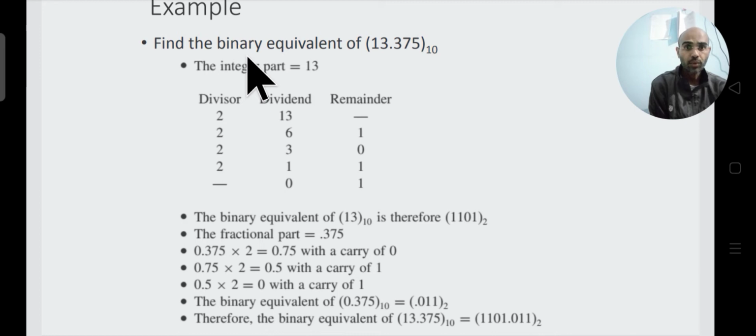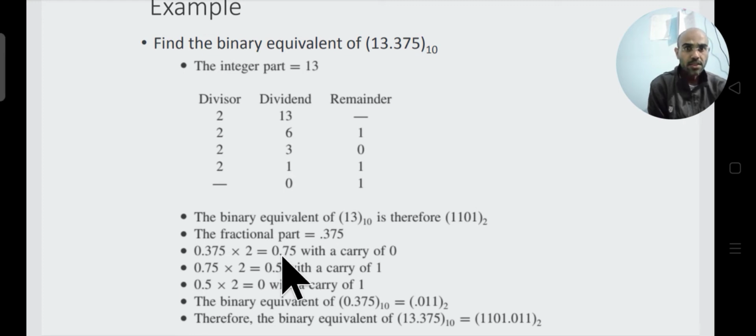So the number we want is in the binary number system, so the base becomes 2. So the radix we have to multiply the given fractional part, 0.375, with is the base. Multiplying 0.375 with 2 gives 0.75.